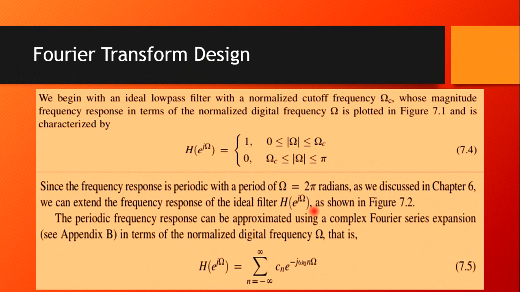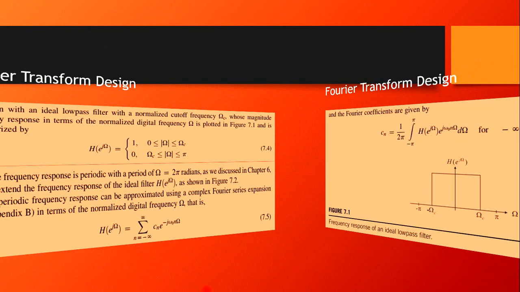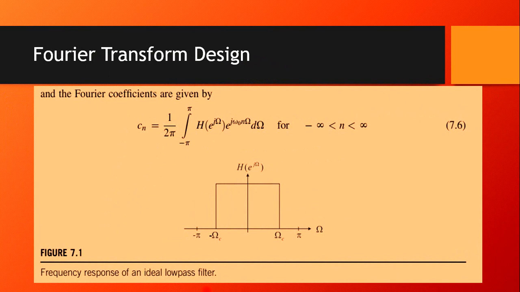Since the frequency response is periodic with a period of omega equal to 2 pi radians, if we apply the Fourier series, it will be like this one, equation 7.5, and the coefficients of the Fourier series will be like the following formula.